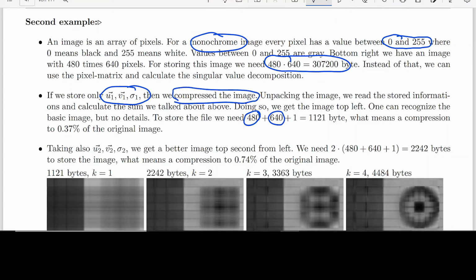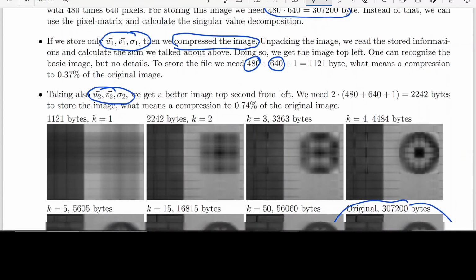It will not be the original image, but something more or less close to the image. Maybe we can also store u2, v2, and sigma 2, and then we get a better approximation of our original picture, and so we can take more summands into that sum, and then let's see what happens.